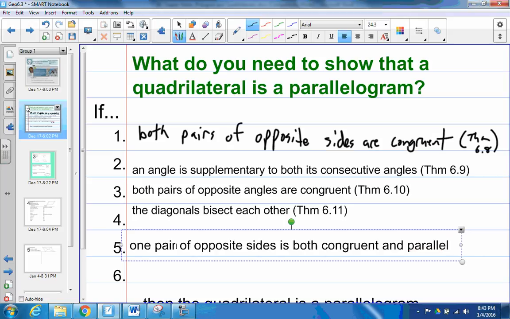We only have to do that for one side. Interesting. I probably should have put this in the beginning, but I was going to put this at the end. So that was Theorem 6.12.